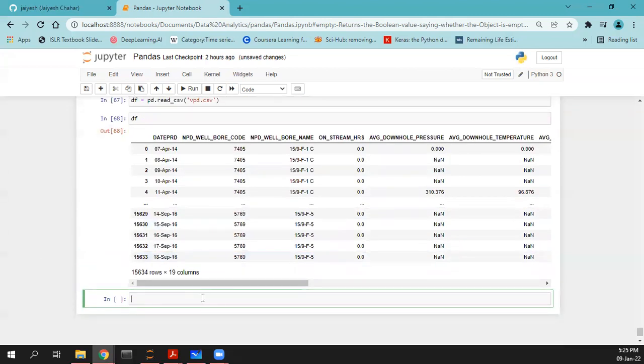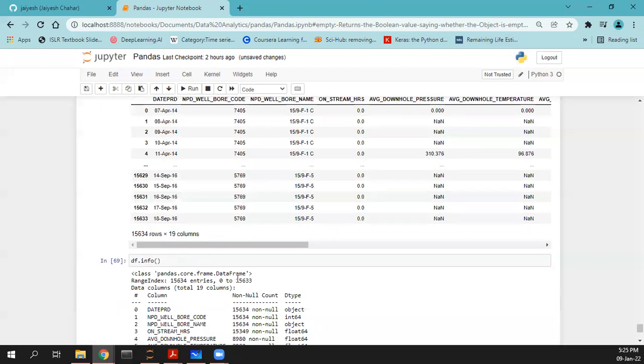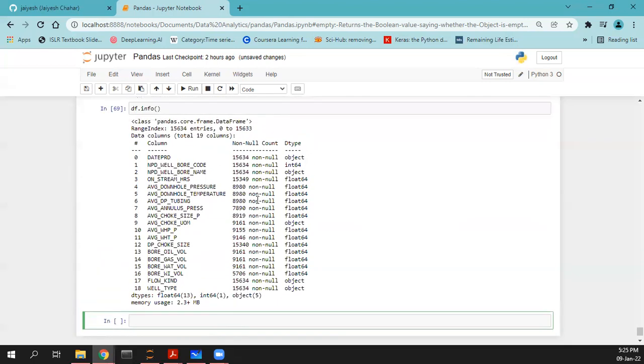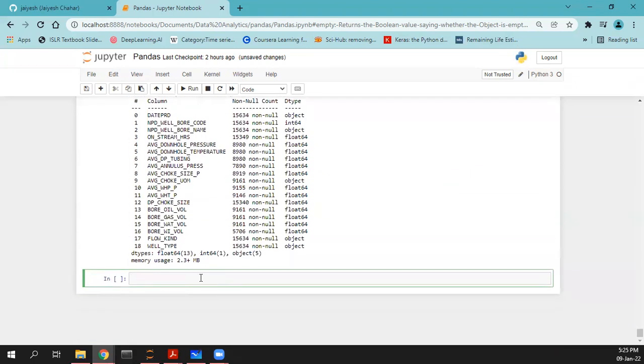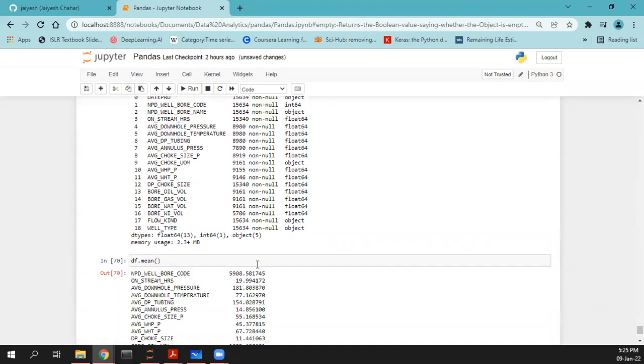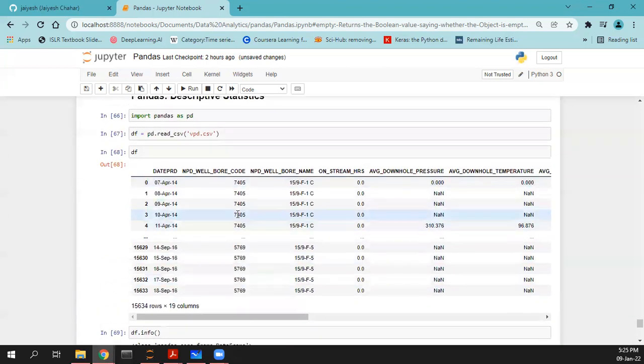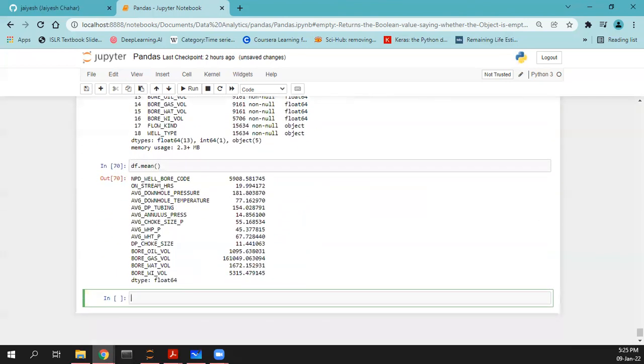Now, as we discussed df.info in our last video, it tells about the various information about our data frame. Now our next function is df.mean. It will give me the mean average per column. So what is mean? Mean is a measure of central tendency. It will tell us what the average is. You can say that mean is the arithmetic average of your data.